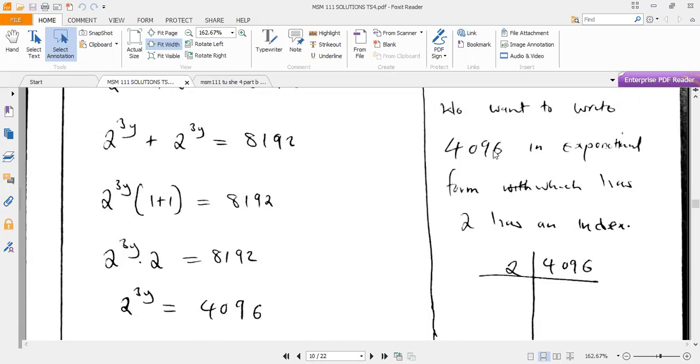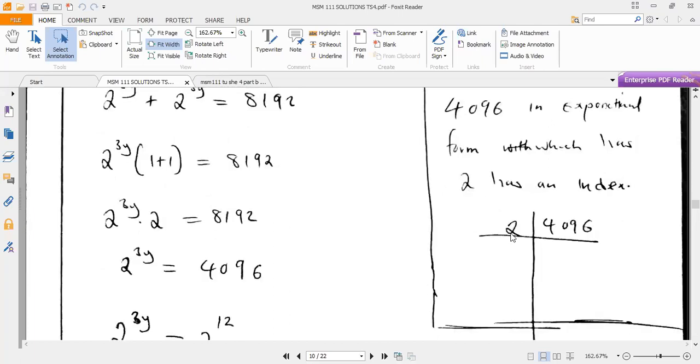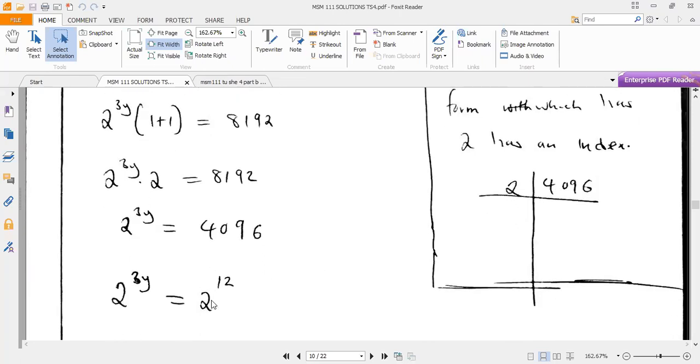You can easily say 2 into this, 2 into this, to give you something like 2000 and something, without a remainder. So you continue doing the same. You find that on the left-hand side, there will be 12. So you have noticed that 2 goes into this 12 times. So when we say 2 to the power 12, you get 2 to the power 12 there, isn't it?